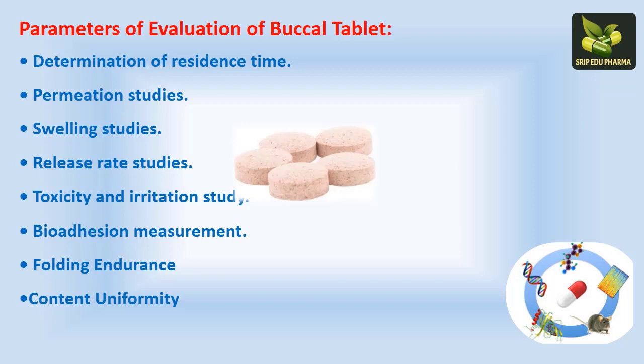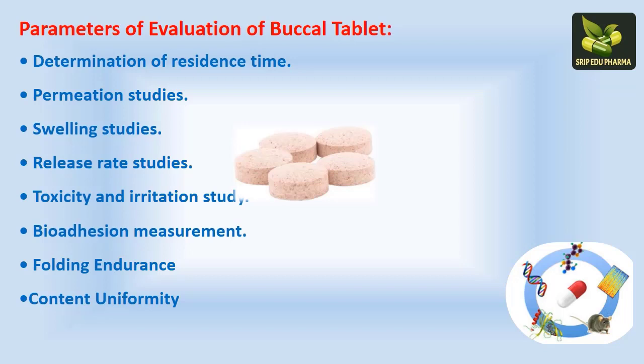Then release rate study. Then comes toxicity and irritation study, the most important one, because we are directly giving our drug to the mucosa. So it is very important that the polymer, the drug, or the excipient we are using should not be irritating or toxic to the layer.